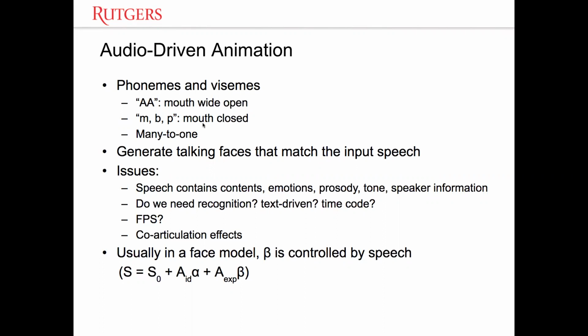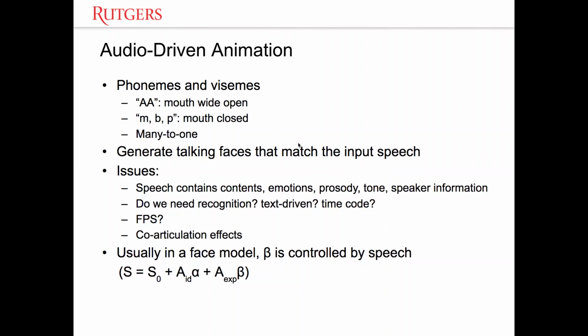So actually it's a many-to-one mapping between the phonemes and visemes. And the task of audio-driven facial animation is to generate these talking face animations that match the input audio, the content of the input audio.